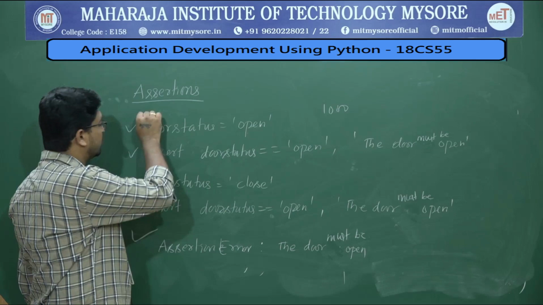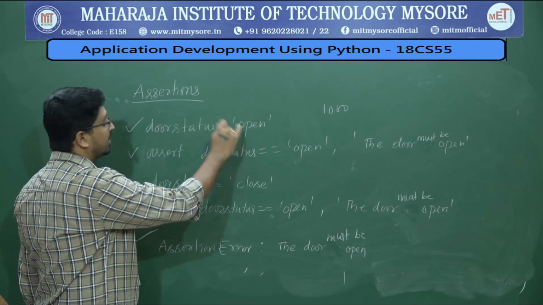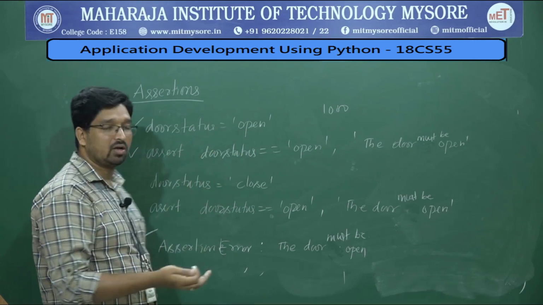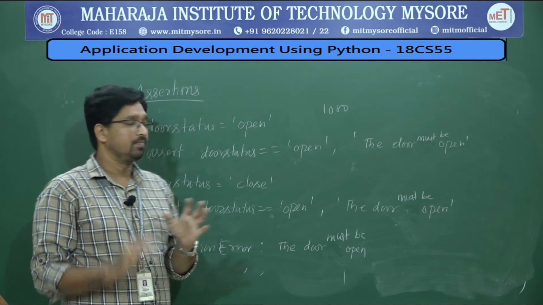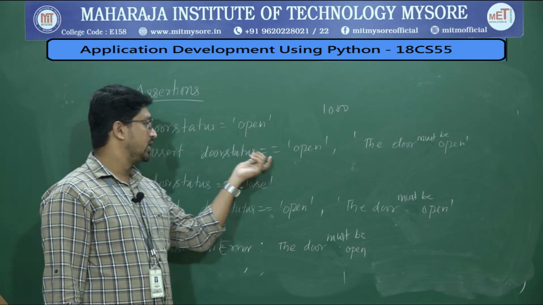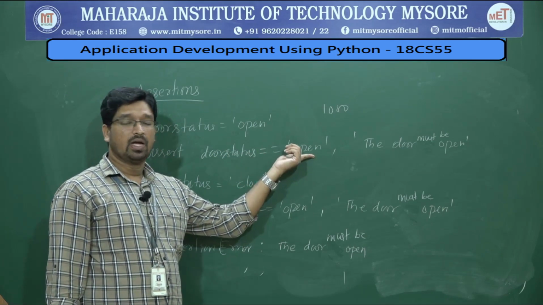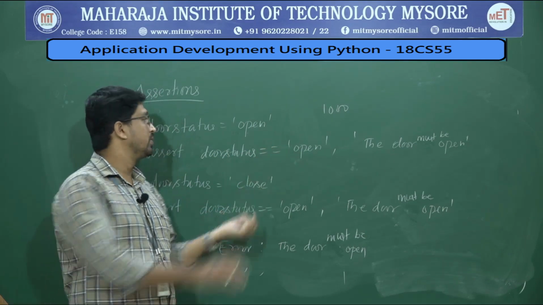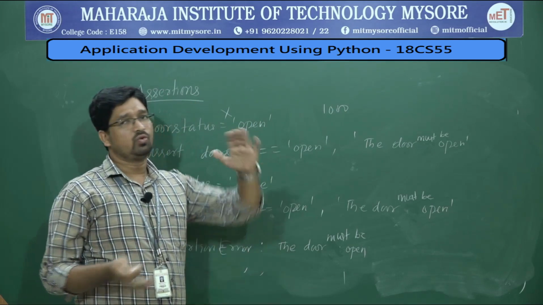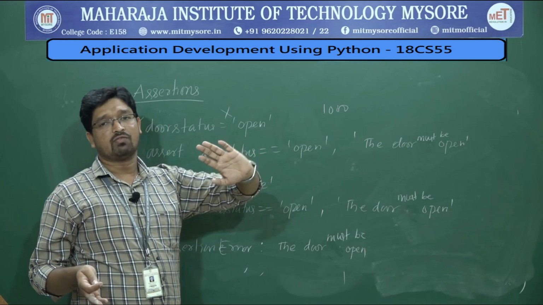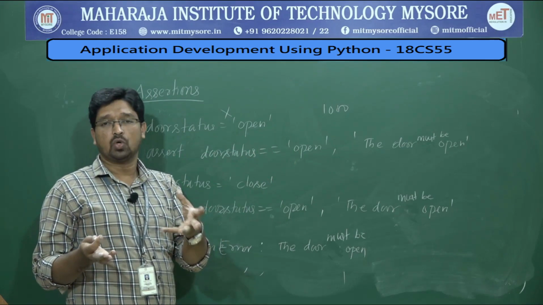Initially I have stored door status as open. Next, using an assertion I am trying to check some condition. So assert door status is equal to open. Assume that you have 1000 lines of code and you don't know the status of the door.